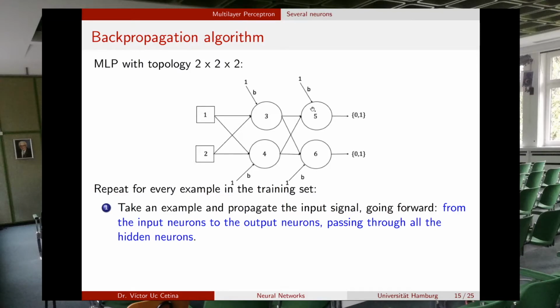But once the model is trained, and this is what I wanted to represent here, if you want to classify a new input, when you get the output here, if the output is 0.5 or larger than 0.5, you will consider that this output is giving you a number 1.